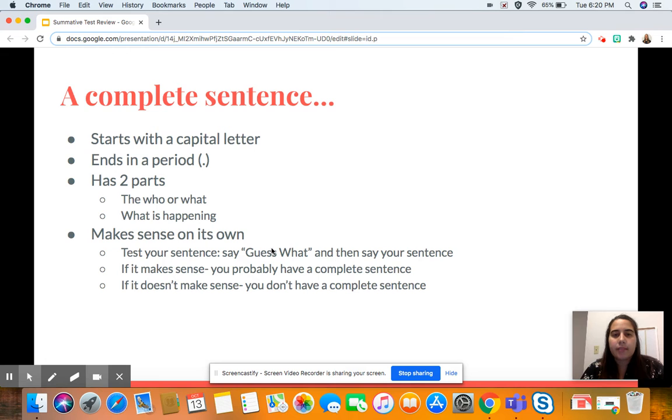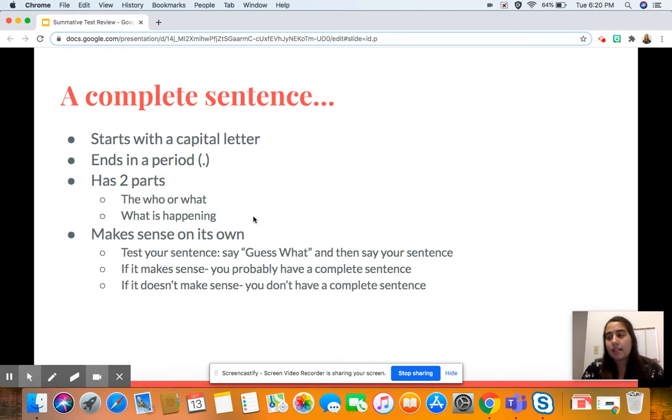So if I said guess what, and someone said, my favorite movie is The Avengers, does that make sense? Yeah, it makes sense. I now know your favorite movie is The Avengers. It's okay if it's random, but if it doesn't make sense, then it's not a complete sentence. Saying that my favorite movie is The Avengers does make sense. So that's a good way to test to see if we have the who and the what.